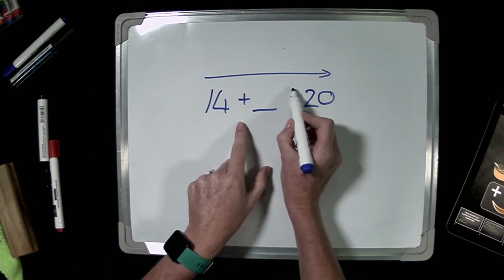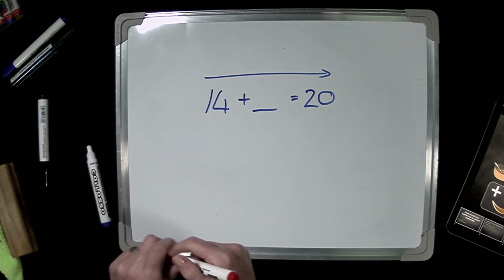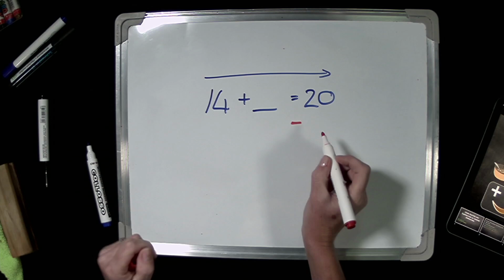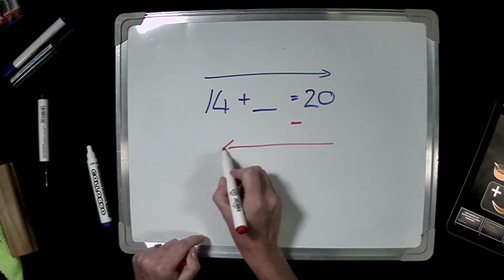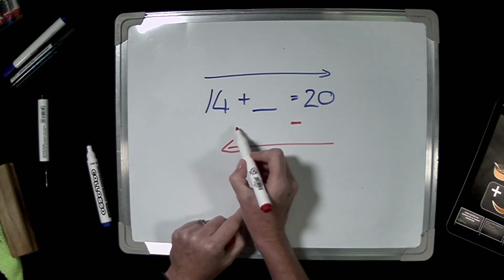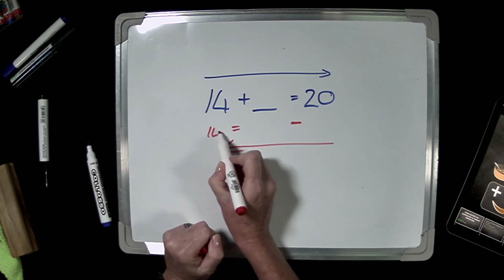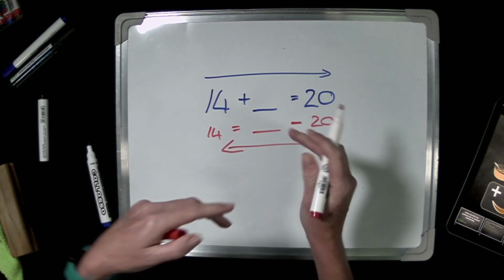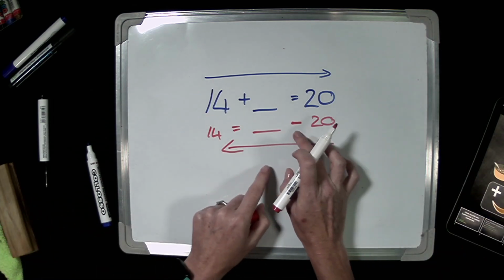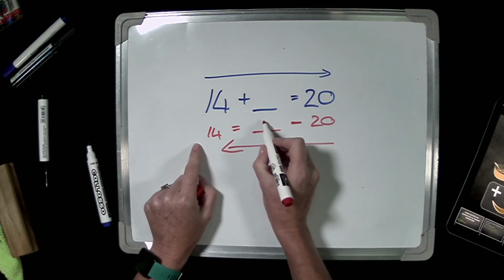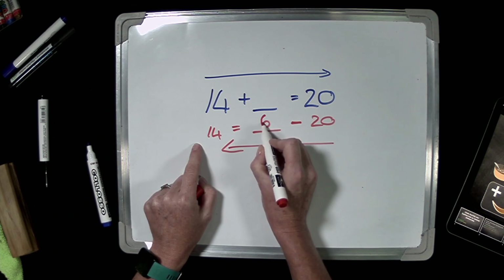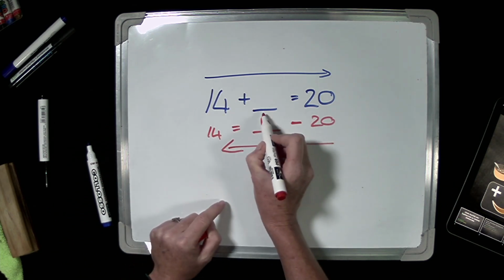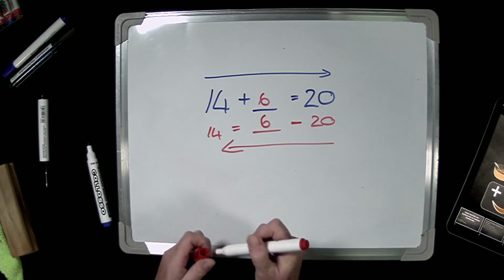So my plus is going to change into a minus. So I'm basically reversing my calculation. And this will be equal. And this is your inverse operation. So 20 minus what will give you 14, and that will be 6. 14 plus what will give me 20, and that will be 6.